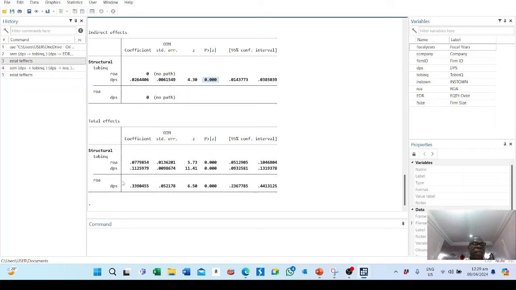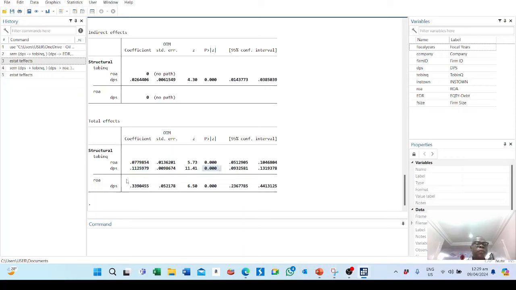Now on the total effect of dividend per share on Tobin's Q, if you look at the coefficient of dividend per share, it is now 0.1125, and it's positive and highly significant.